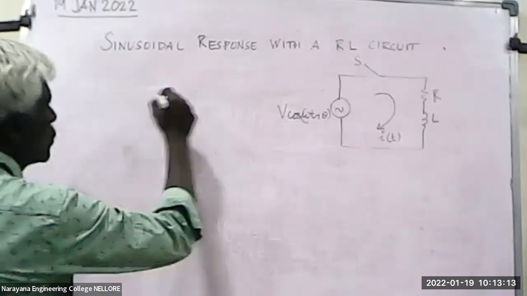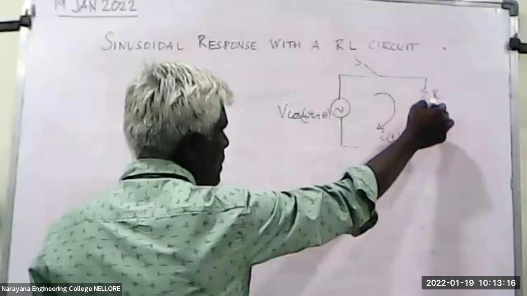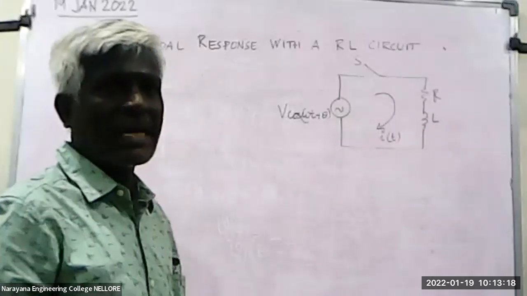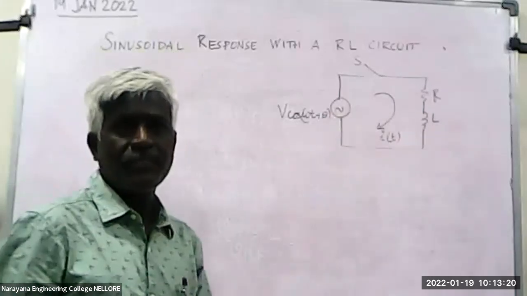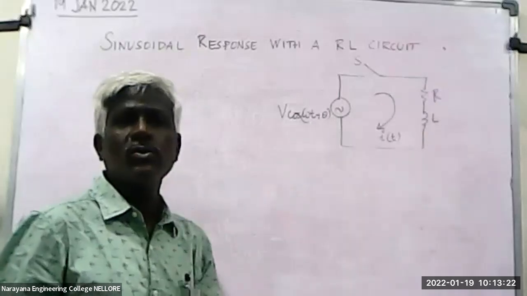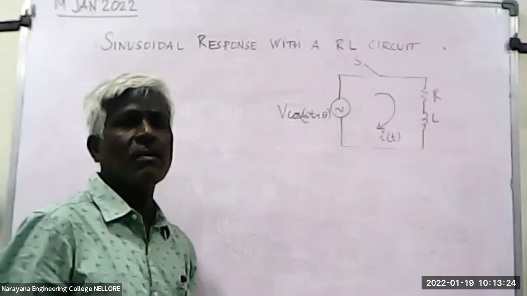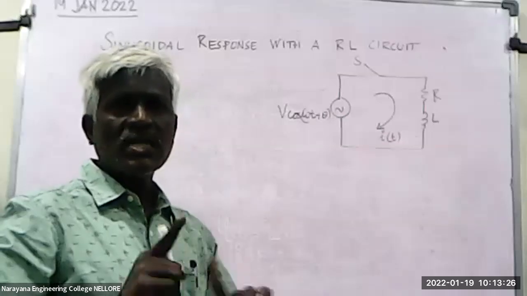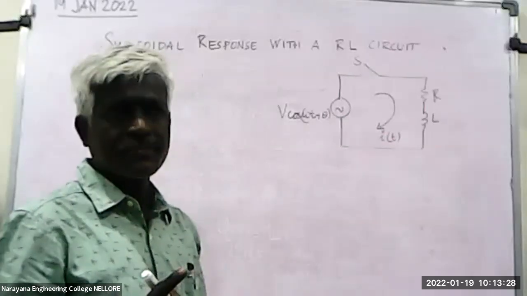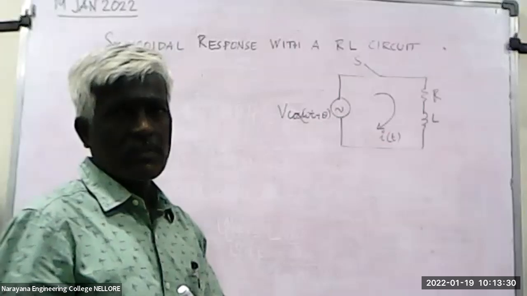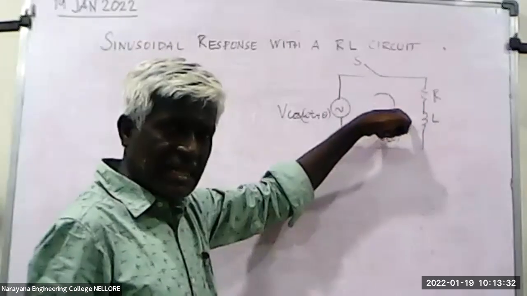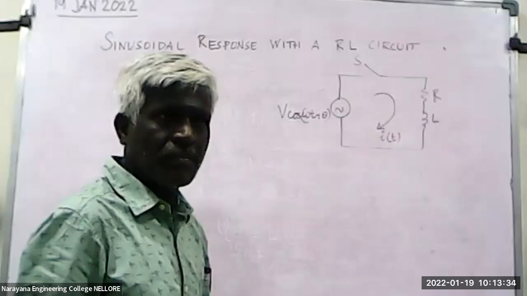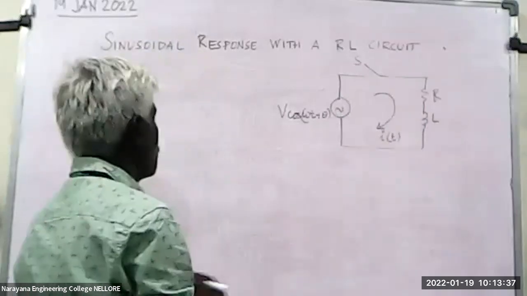The current through the resistance is the same as the current through the inductance. Why is the same current flowing through both L and R? Because they are in series, right? You know series and parallel combination. These are connected in series, so the same current will flow.